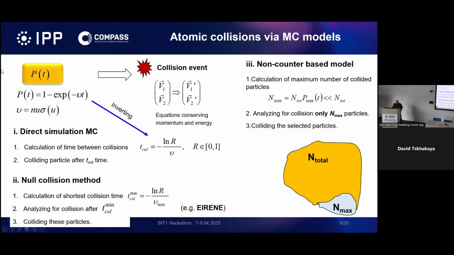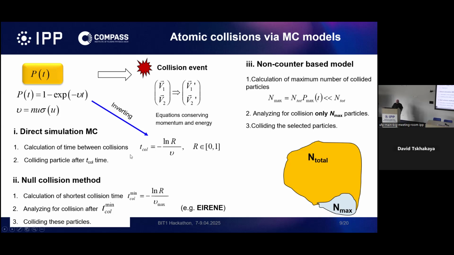But there are different ways to decide when a collision appears. Direct simulation Monte Carlo just calculates the average time between collisions, so it inverts this number, using a random number from 0 to 1, and then you calculate the time for collision for a given particle, and you collide this particle after the collision time.